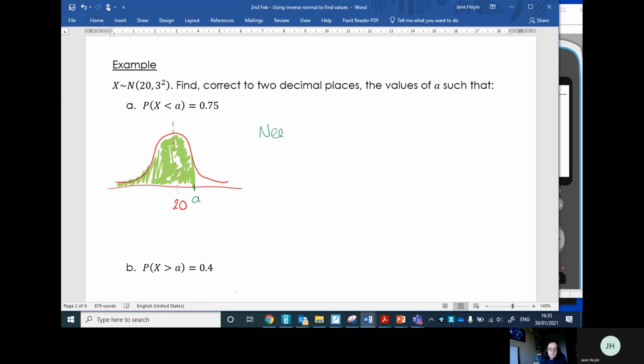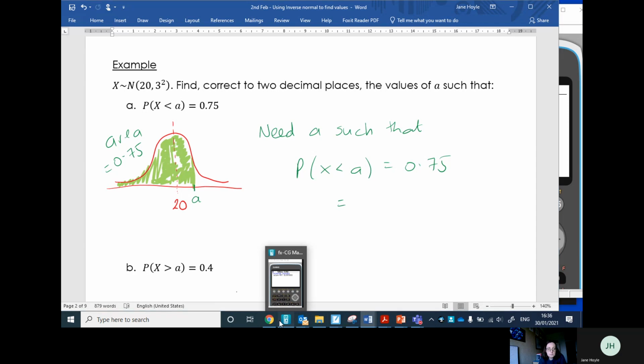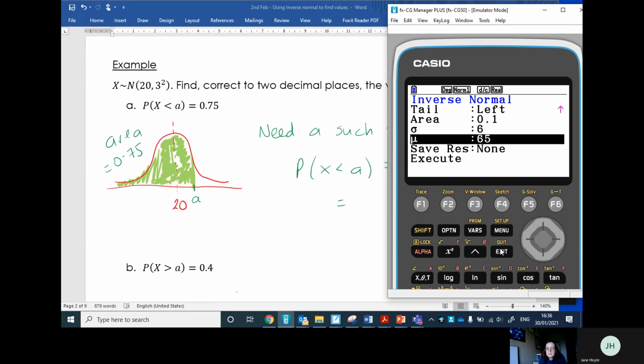And for these questions, there's not really that much working that you can write, but we need an A such that, I'm essentially just going to write out the question here, aren't I? The probability that X is less than A is 0.75. Let's write on here that I want the area equal to 0.75. And then we just look it up. So calculator, go back, exit.